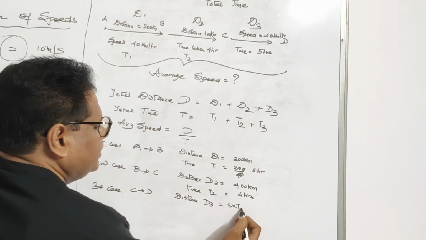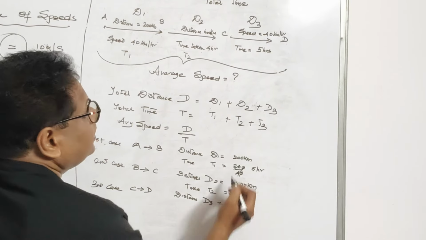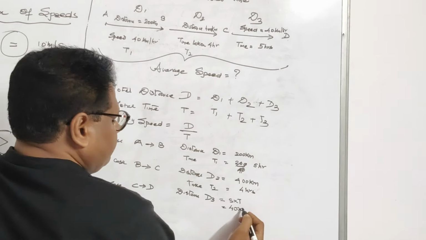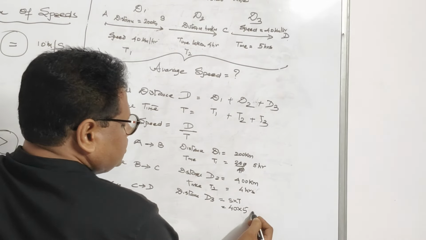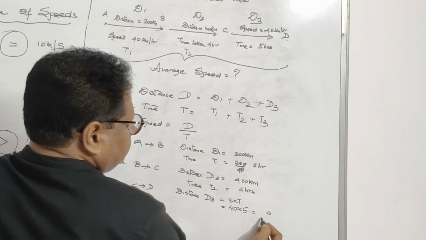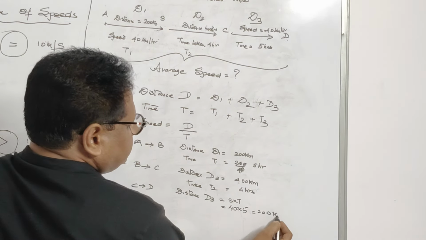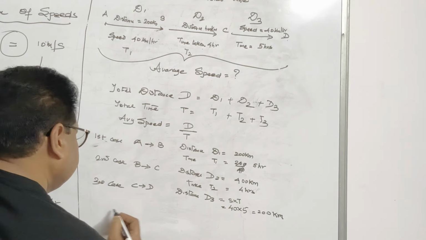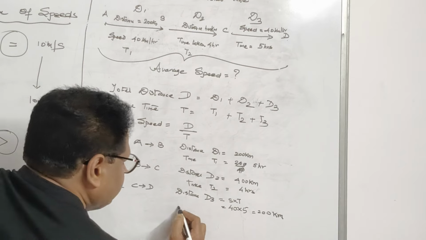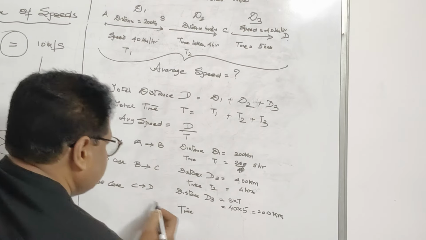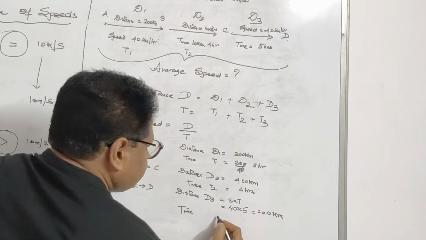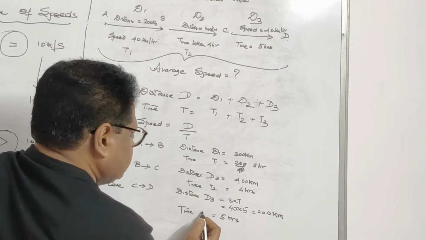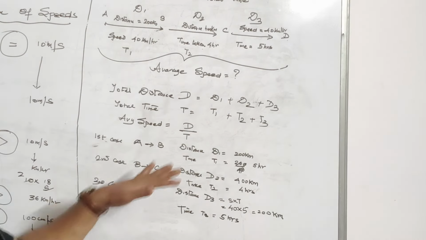So the speed is 40 kilometer per hour into time 5 hours, so that comes to 200 kilometers. Now after this you are going to write the time taken for C to D, that is given, 5 hours. This is T3. Now everything is clear.